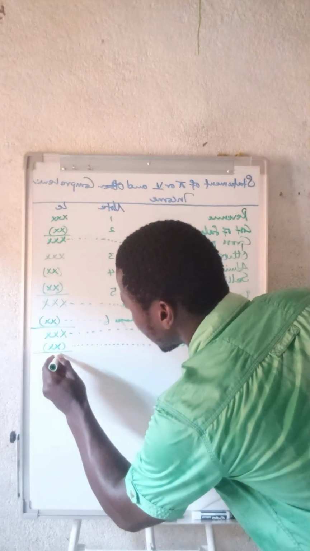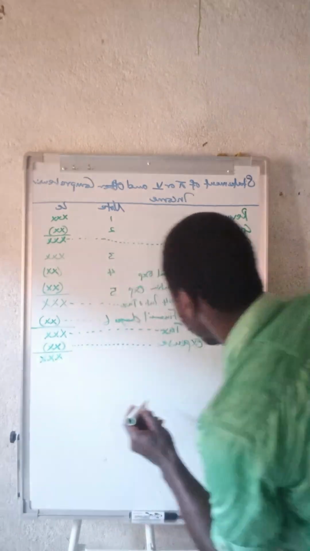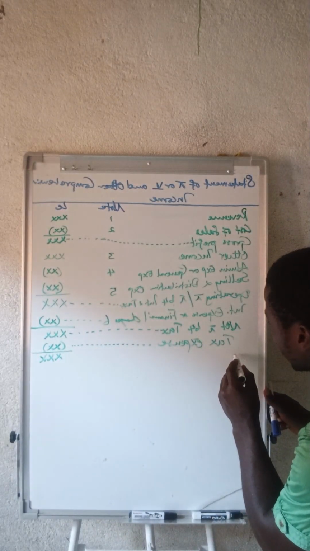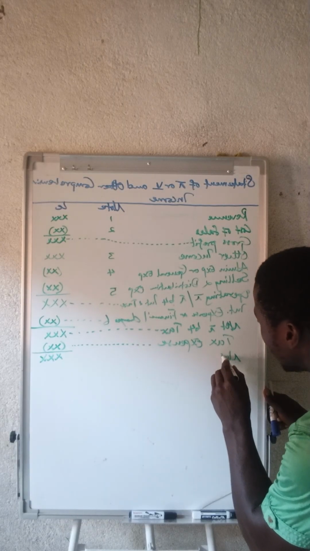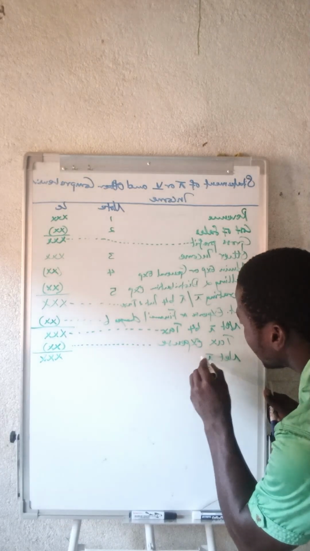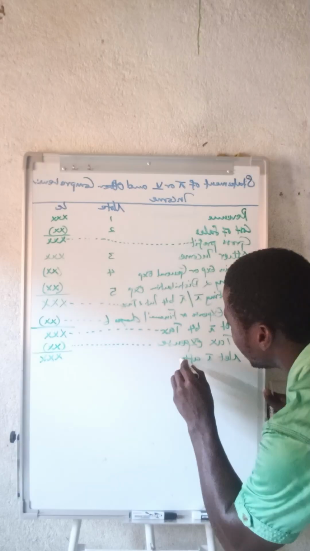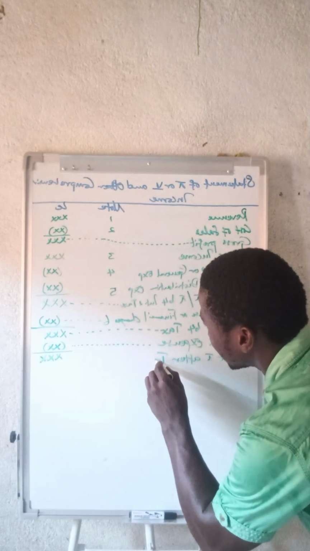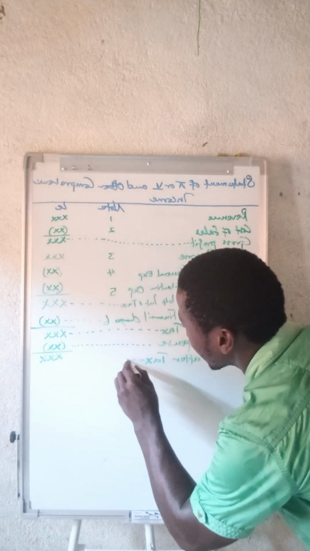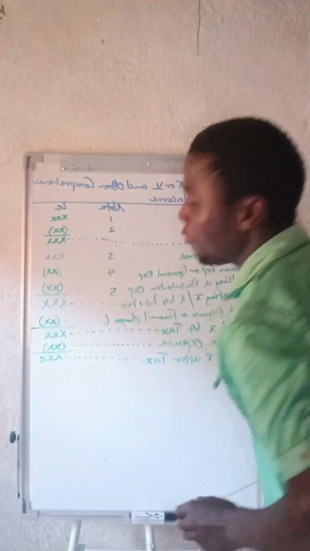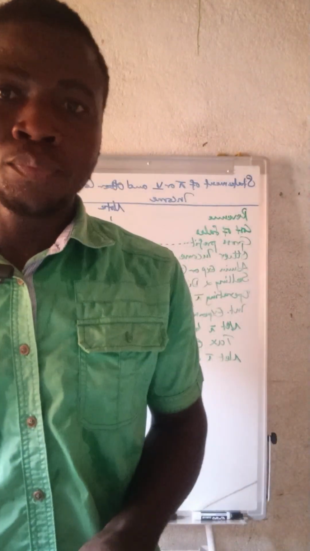After the deduction, we now arrive at what's known as the net profit after tax. After the deduction of our tax expense, we now arrive at our profit after tax.